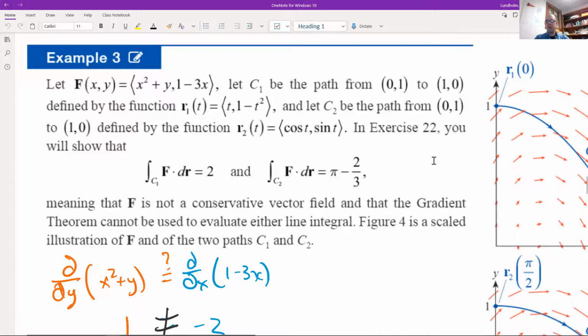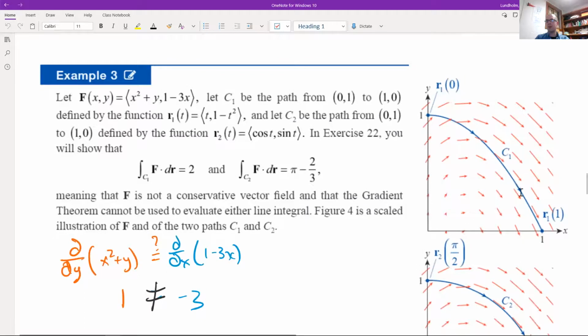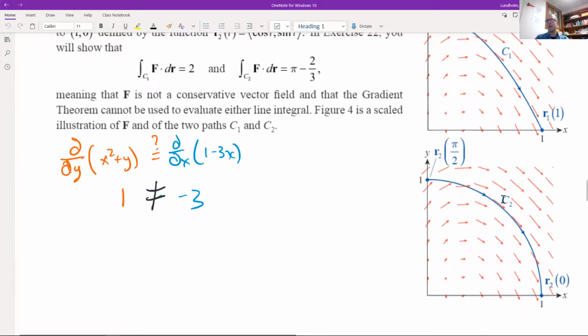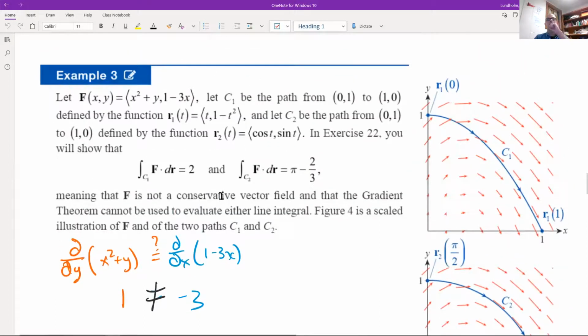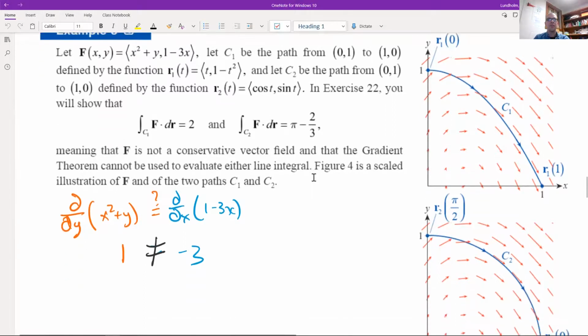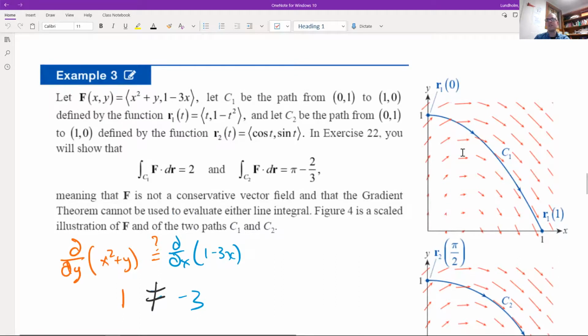One of them would be following this parabolic arc, and the other one would be going along the curve of the circle. Now, in a later problem, we would show that these line integrals are not the same, meaning that the force field behind this is not a conservative vector field. And we wouldn't be able to use the fundamental theorem for line integrals or the gradient theorem to evaluate either one of these line integrals.